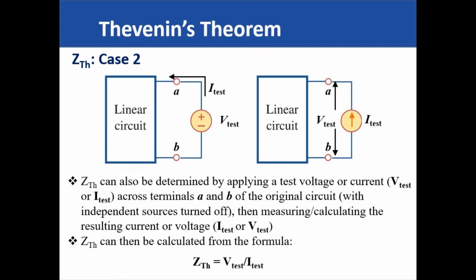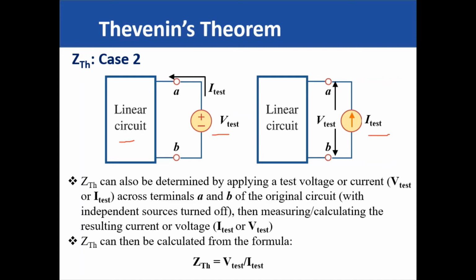If the linear circuit contains dependent sources, we could apply what is called the process for case 2, which is again we turn off the independent sources inside the linear circuit, provided we leave behind the dependent sources, and then we apply a test voltage or a test current.